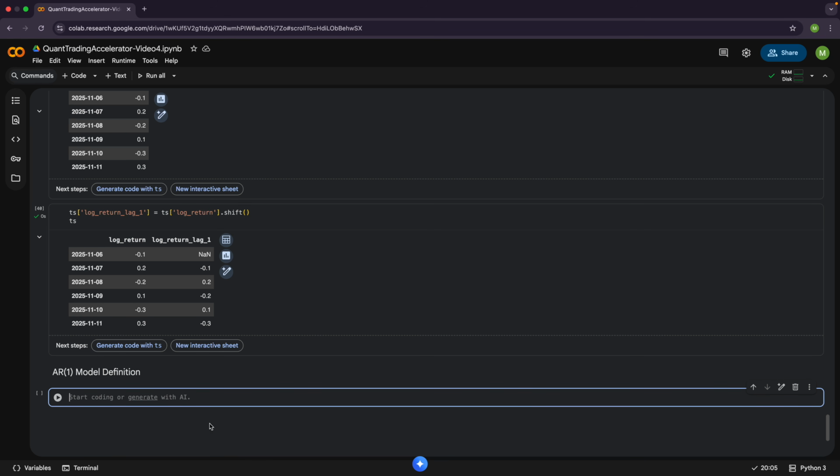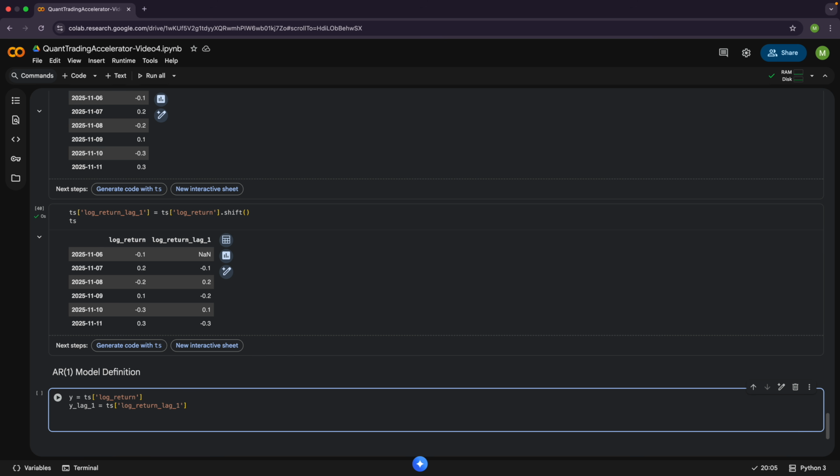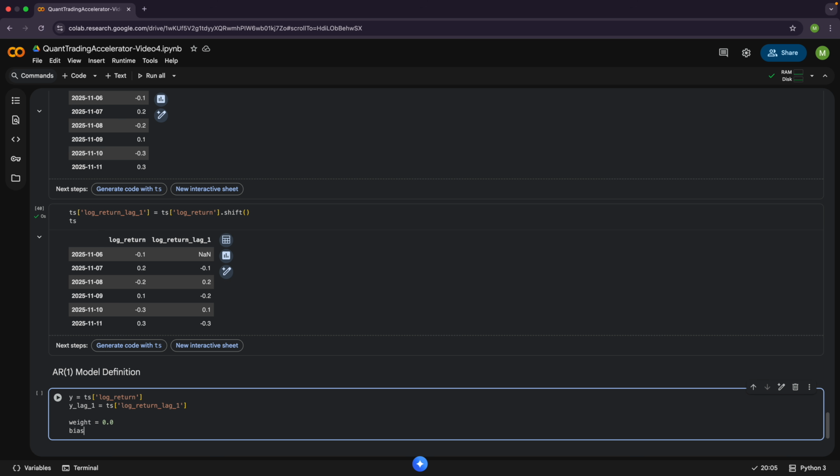I'm just going to say that Y is our TS log return, and Y lag 1 equals time series log return lag 1. We also have a weight, which we're going to set to 0 just for now, and also a bias.